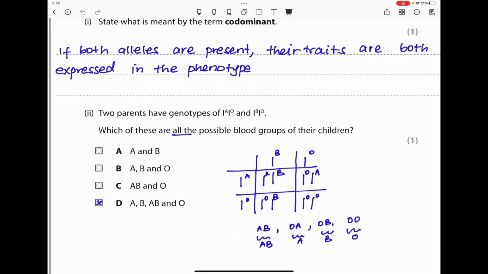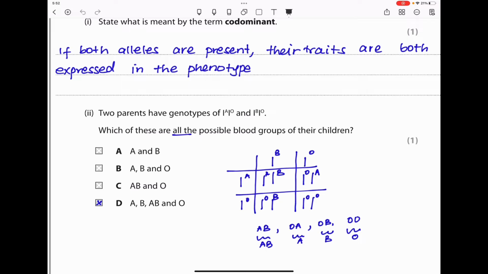The next part says 2 parents have genotypes AO as well as BO. Ignore that I am just saying IA, IO, and IB, IO. It's the same thing as saying AO and BO. They say which of these are all the possible blood groups of their children.